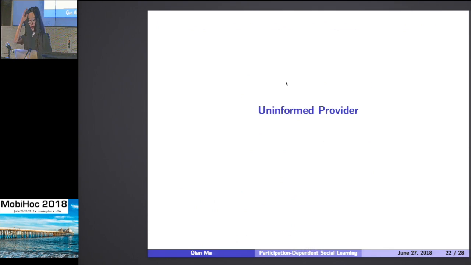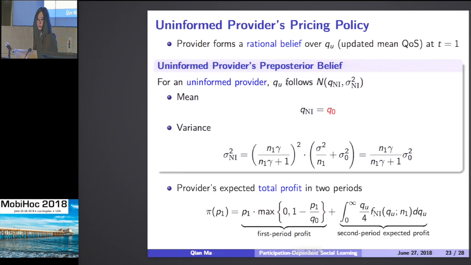Then let's move on to the uninformed provider scenario, where the provider does not know capacity in advance. Before the provider calculates its expected total profits in the two periods, it needs to form a rational belief over the updated mean QU at the beginning. Our results show that the uninformed provider's posterior belief over QU follows a normal distribution.